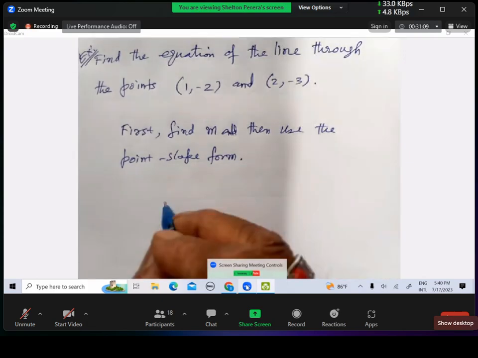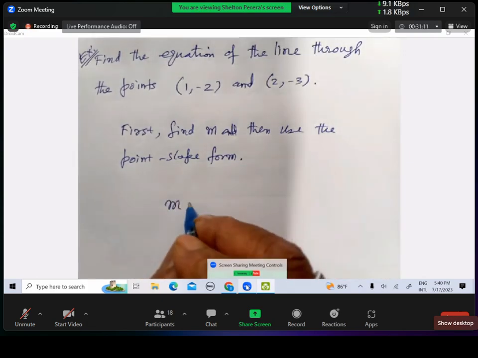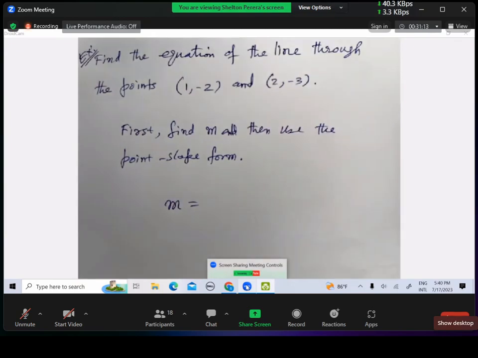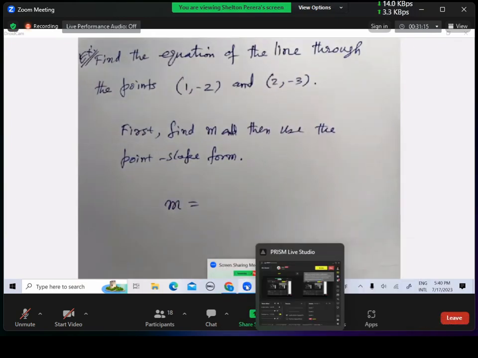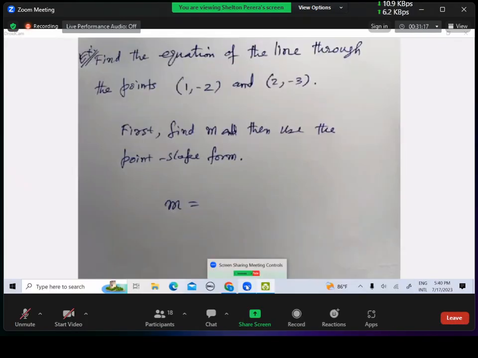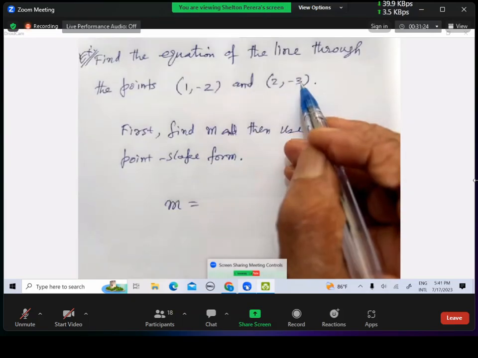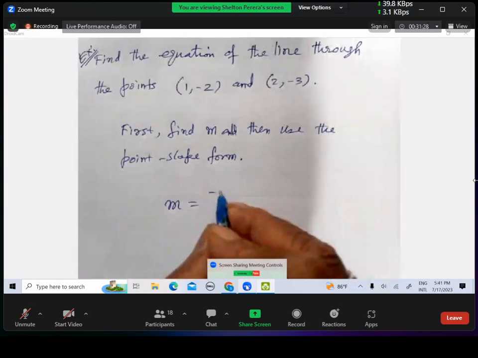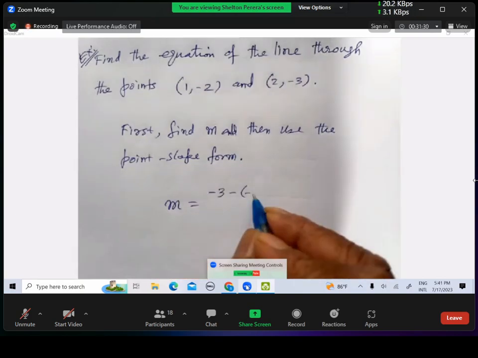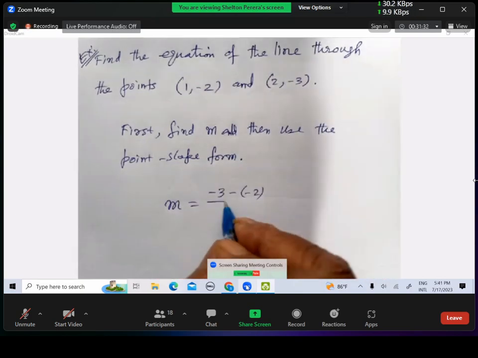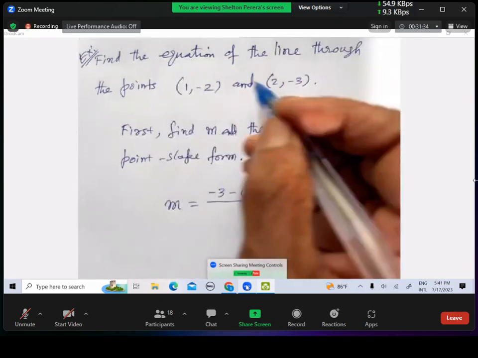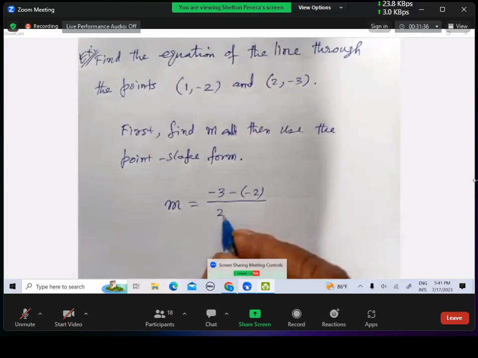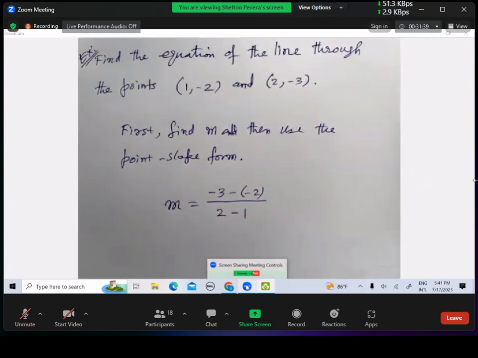First find the slope. m is equal to, 2 points are there. So what is m? It is -3 minus -2, the difference of y coordinates, divided by the difference of x coordinates, 2 minus 1.